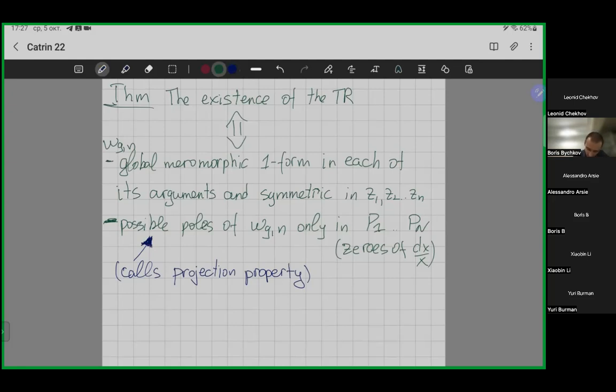The third condition is that the principal parts of the poles of omega g,n are odd with respect to the involution.